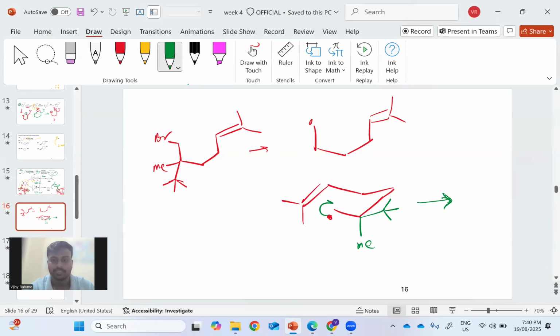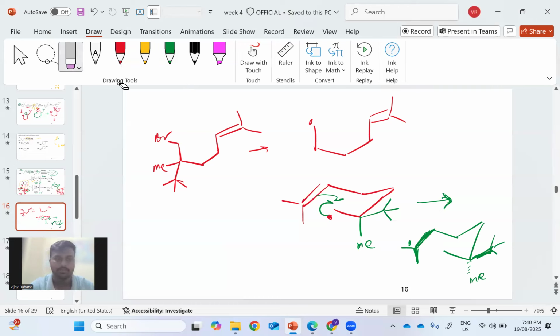So this bond and this one bond help to form the bond. Now in this case, the radical will be here, right? This bond is now cleaved. Here there was an upward directing tert-butyl group, a downward directing methyl group, and this is the new bond. I'll draw the new bond with some other color.